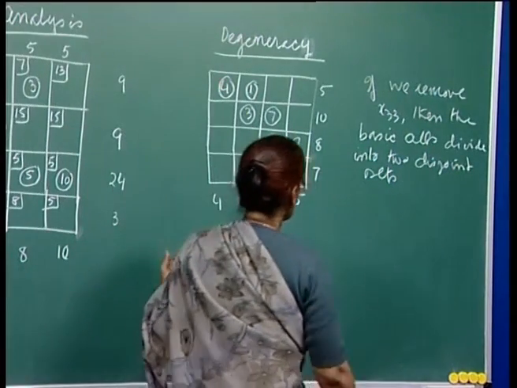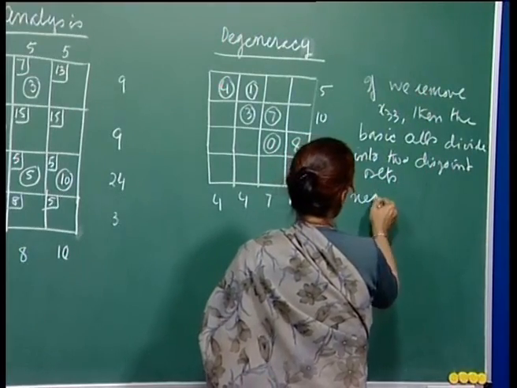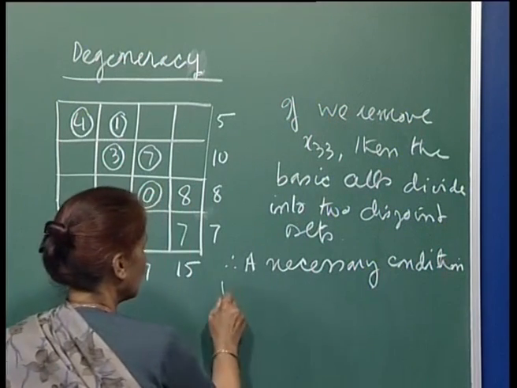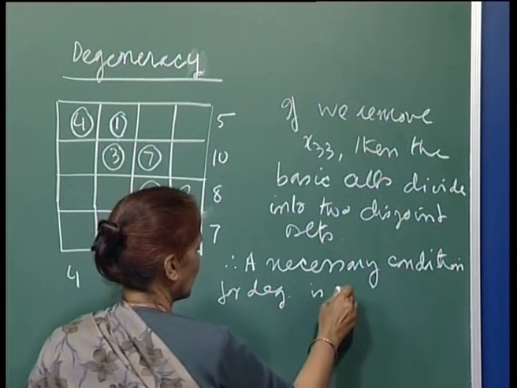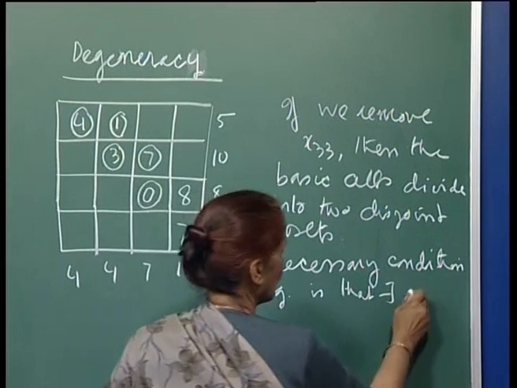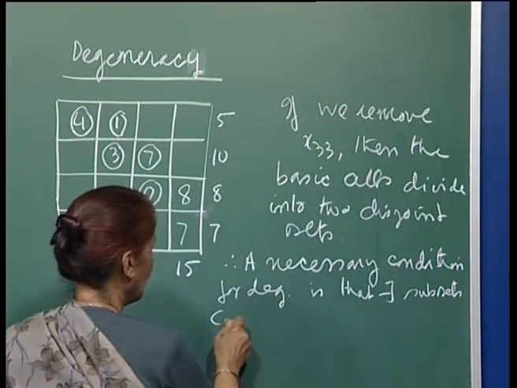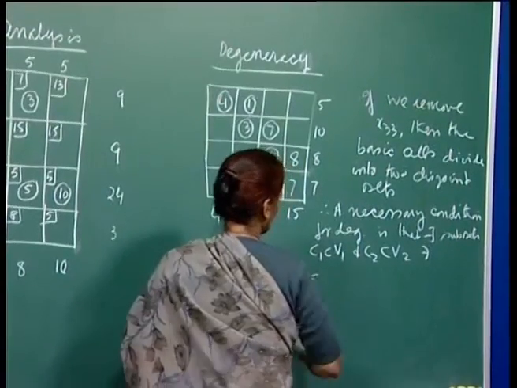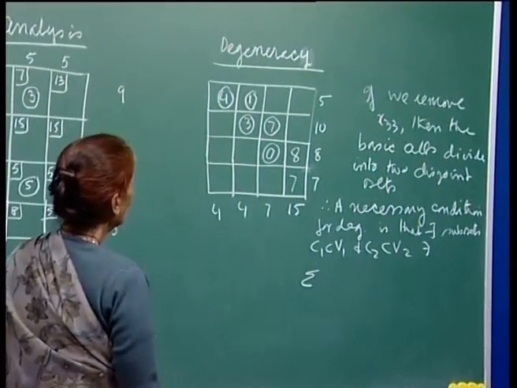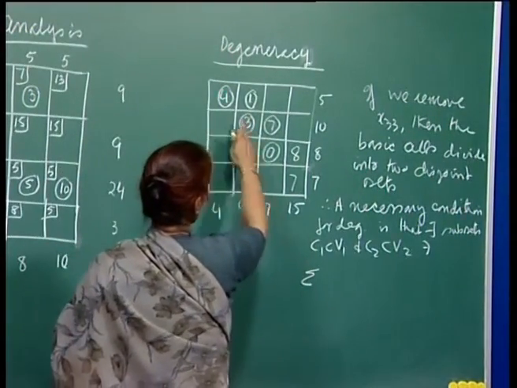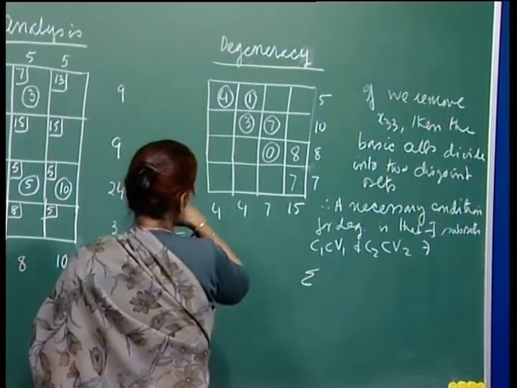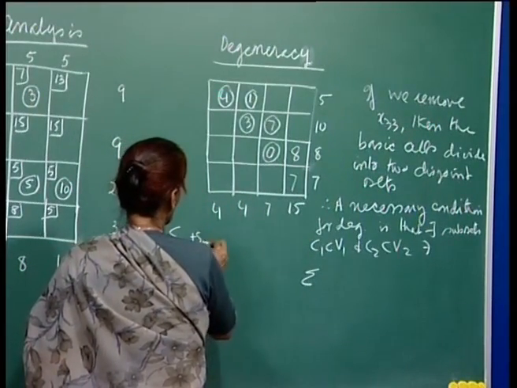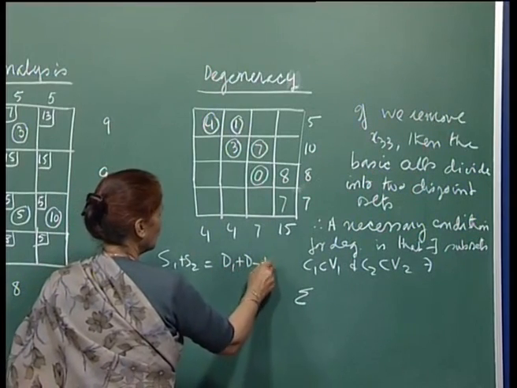So here we say that a necessary condition for degeneracy is that there exist subsets C1 of V1 and C2 of V2 such that, before I put down the conditions, let me just write it not with a sigma sign, S1 plus S2 is equal to D1 plus D2 plus D3.